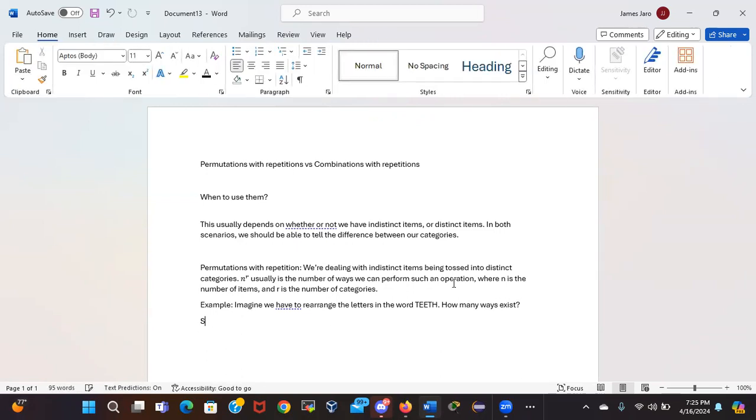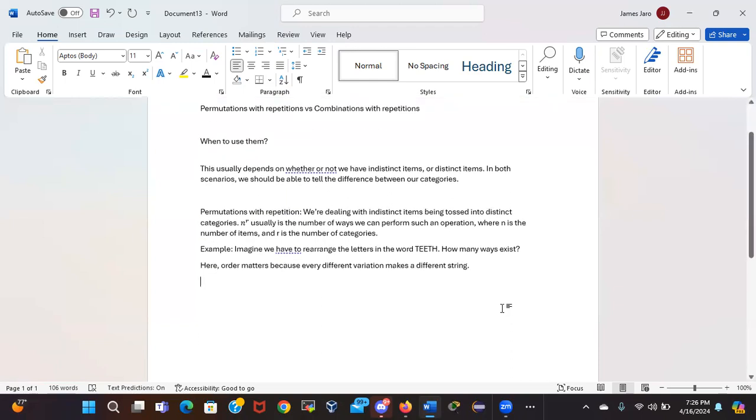Here order matters because every different variation makes a different string.